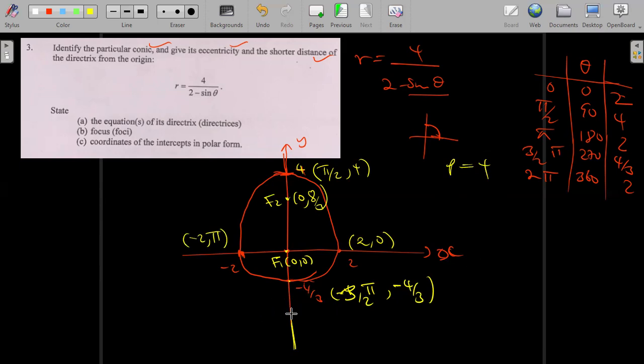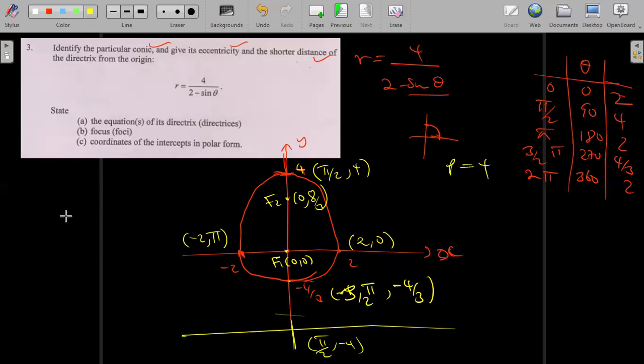So the p that we had is equal to 4, and of course it's at pi over 2. So the directrix always cuts in the opposite like this. So it's going to be here, which is going to be at pi over 2, negative 4. This will be your directrix there.